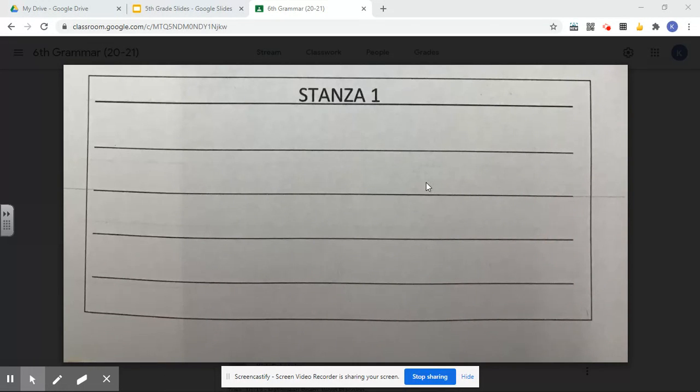So for today, again, let's try this stanza thing. Let's not worry about submitting it necessarily, because depending on how solid of an idea you feel you have, versus if you feel like you have no idea what you want to do, I can understand that. But let's really try to start getting our idea wrapped up and then start getting some of our scenes figured out.